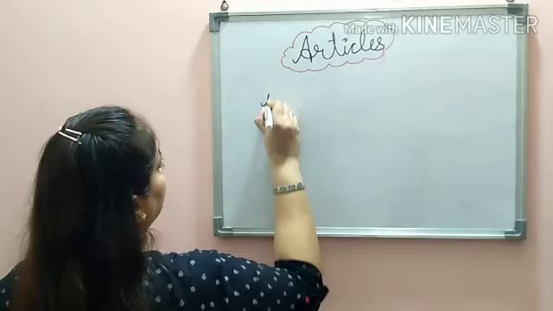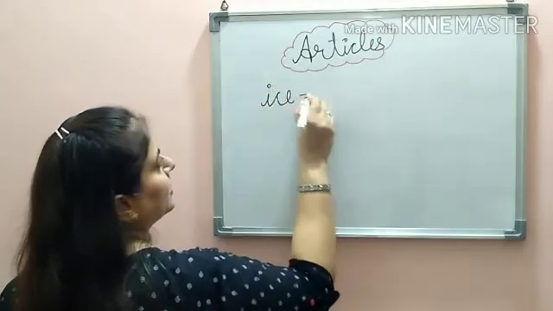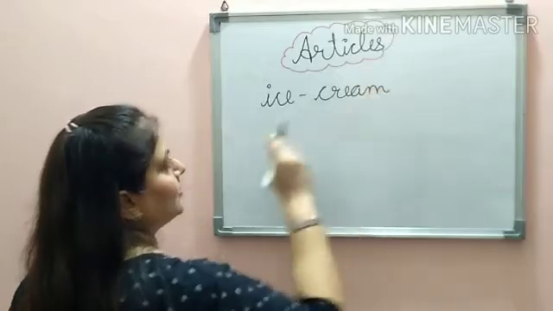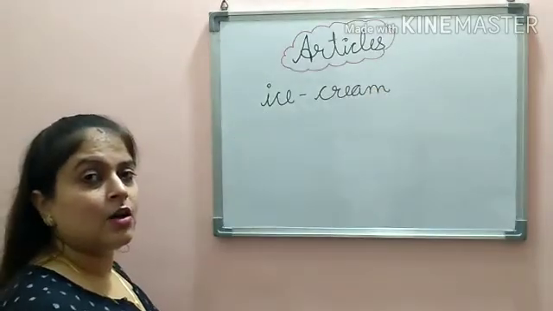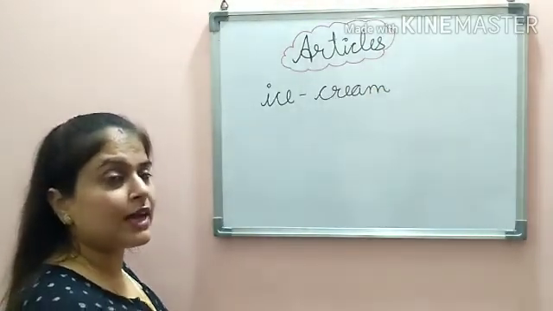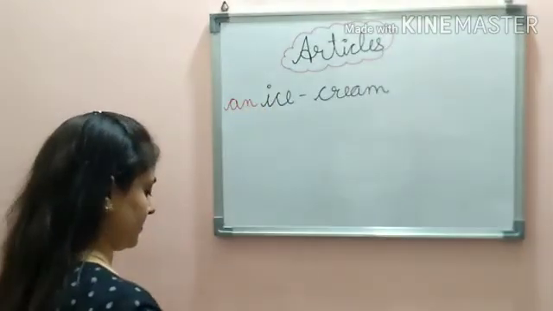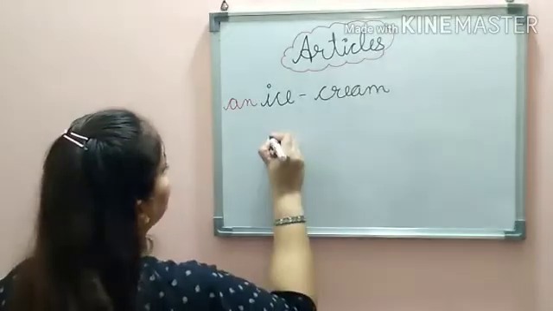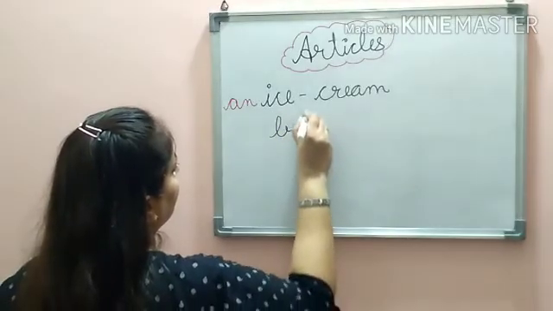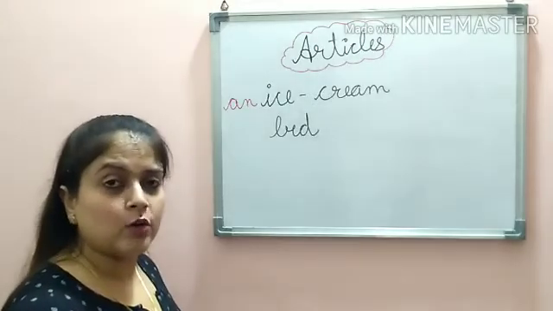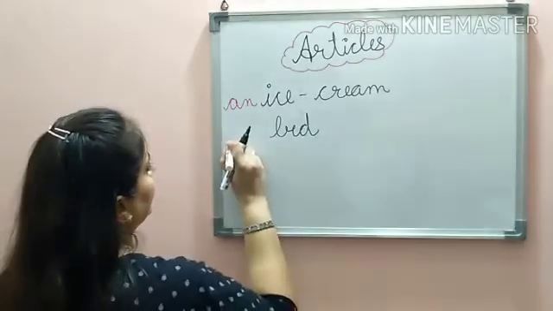Ice cream. Everybody's favorite. Ice cream. I is a vowel. So we are going to write an ice cream. Now next word is bed. B is a consonant. So what are we going to write? A bed.